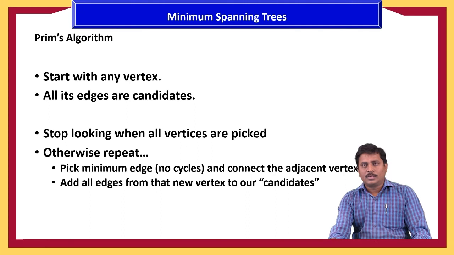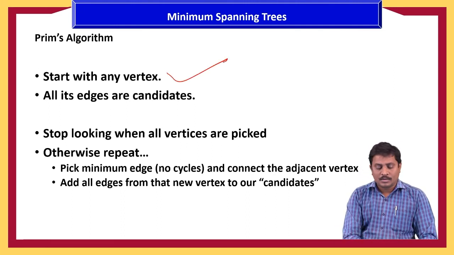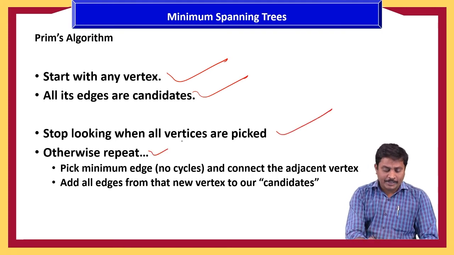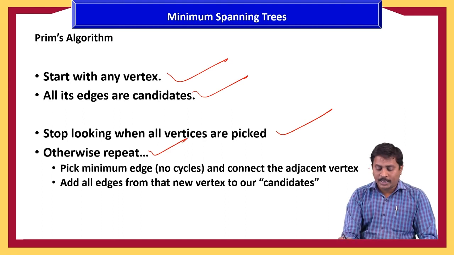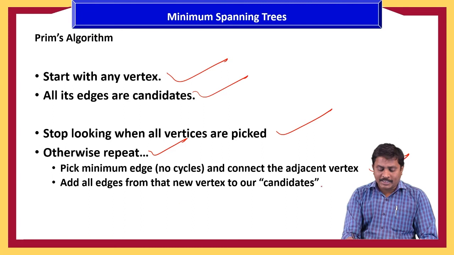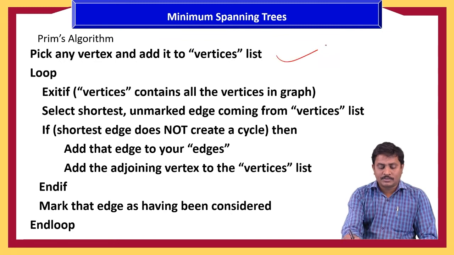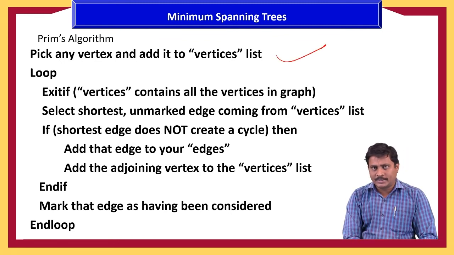Now once again we see the procedure. Start with any vertex. All its edges are candidates. Stop looking when all vertices are picked. Otherwise repeat: pick the minimum edge and connect the adjacent vertex. Add all edges from that new vertex to our candidates. So pick any vertex and add it to the vertex list.